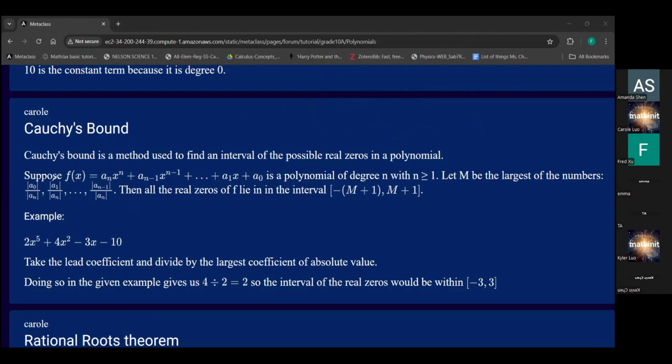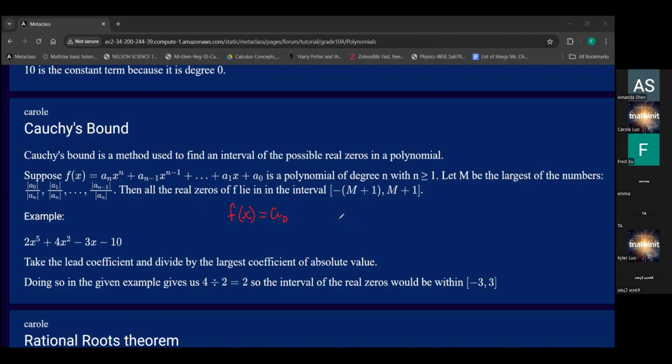So we are given this polynomial, and please know here that the degree n, for this term, has to be greater than or equal to 1. Okay, so you cannot have some polynomial that's just f of x is equal to a of 0.